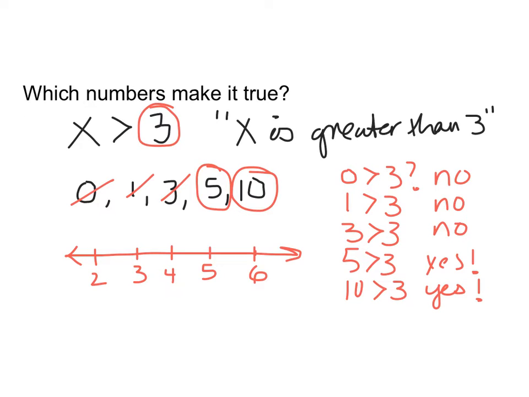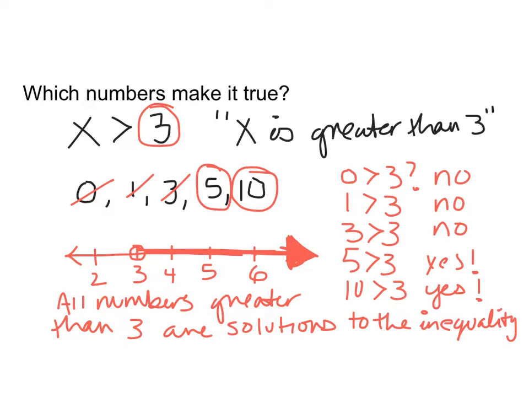So 3 itself was not a solution. So I need to put an open dot, but everything bigger than it was. So now I'm going to do my arrow going up. So that means that both 5 and 10 are solutions to the inequality, and everything greater than 3 is as well. All numbers greater than 3 are solutions to the inequality.